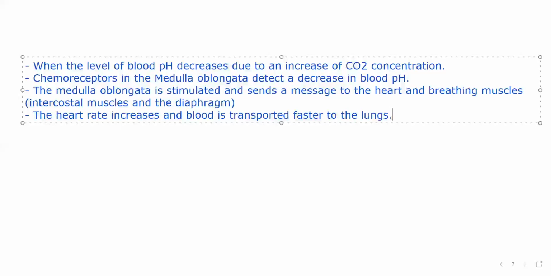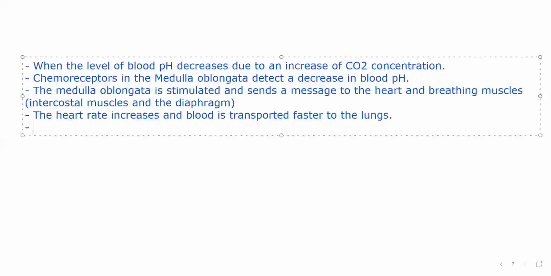We remember here that one of the functions of the medulla oblongata, since it functions mostly in controlling involuntary actions, is to regulate heart rate and breathing rate. So the first message causes an increase in the heart rate so that more blood can be transported faster to the lungs.